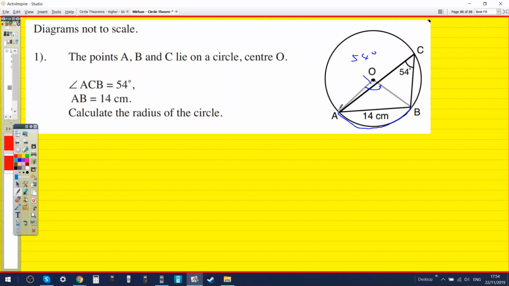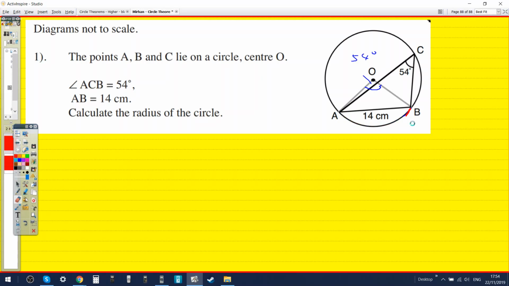Sorry, is that the same triangle? So there's one triangle ABC, and then there's another triangle AOB. So O and C match up with each other because they're both subtended on the same arc. That arc there.